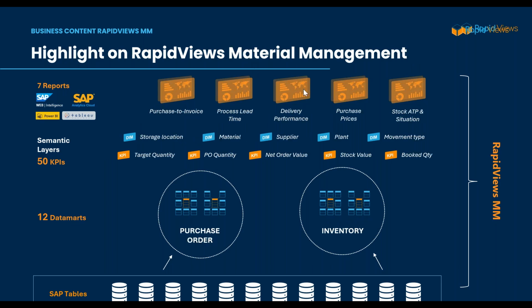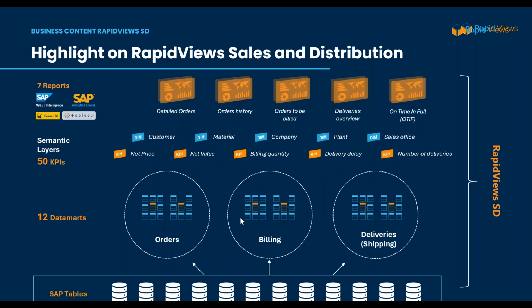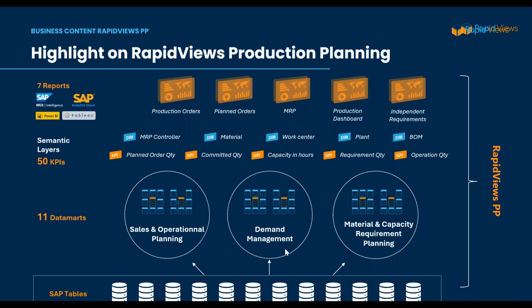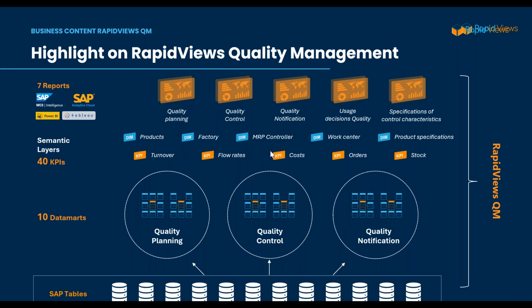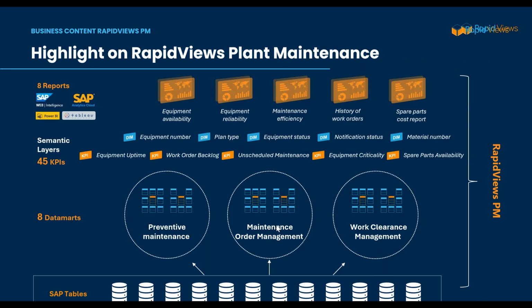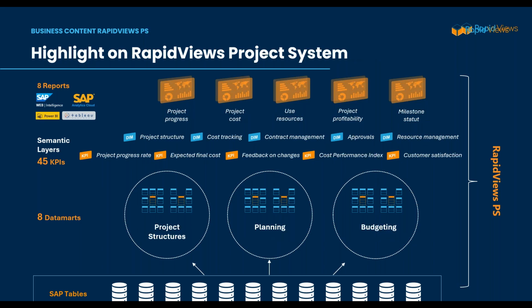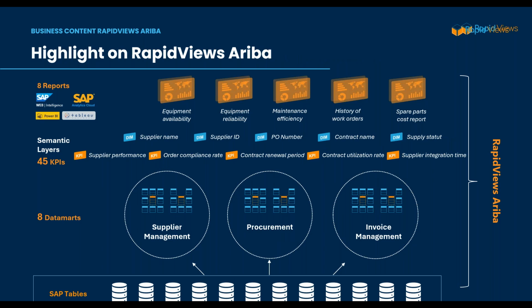We did the same for material management, purchase order and inventory, sales and distribution, orders, billing, deliveries, production planning, sales and operational planning, demand management, material and capacity requirement planning, quality management, extended warehouse management, plant maintenance. As you see, we always provide this concept of data mart, semantic layer, and samples of reports. Project system and Ariba too.